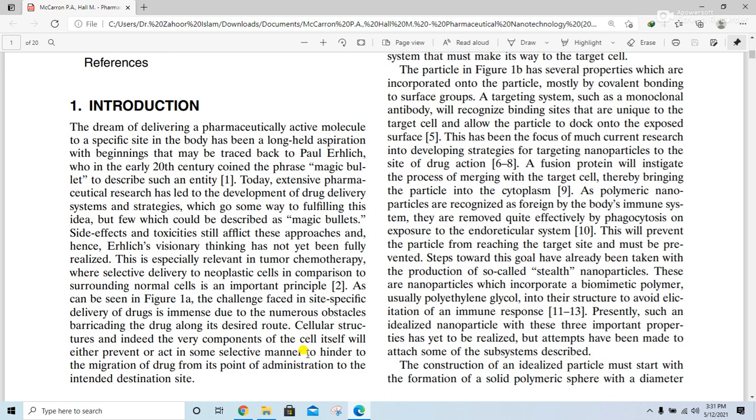Cellular structures and indeed the very common components of the cell itself will either prevent or act in some selective manner to hinder the migration of the drug from its point of administration to the intended destination site.